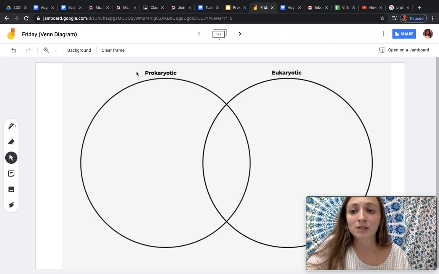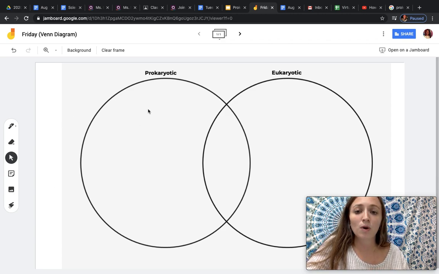So what we're going to do is we have this Venn diagram, prokaryotic, eukaryotic. So we're going to fill in over here what is true about only prokaryotic cells. On the right, we're going to fill in what's true of only eukaryotic cells. And in the middle, what's true about both of them. So go ahead and follow along with me as I fill it in. You fill it in on your Jamboard as well.